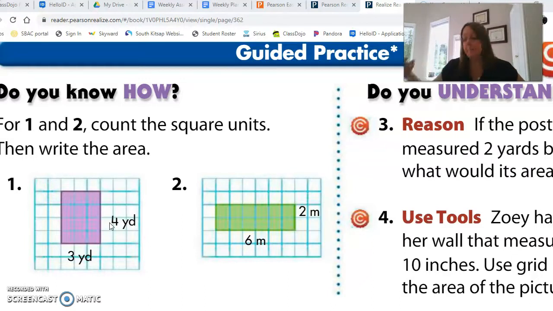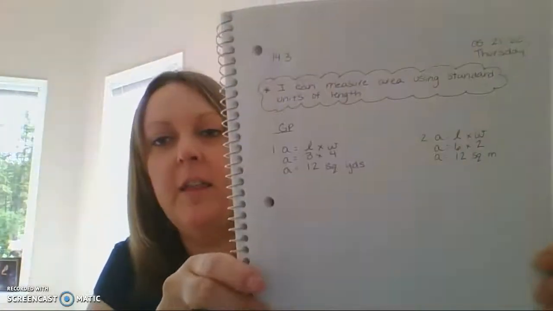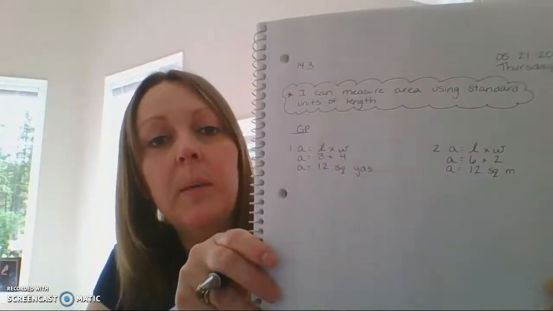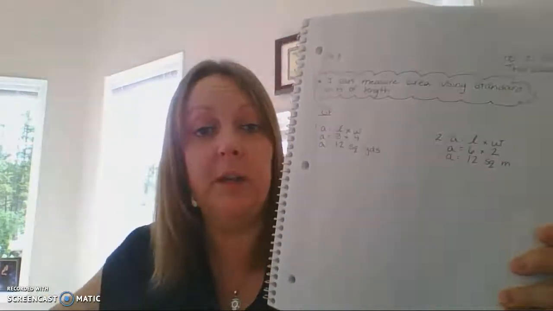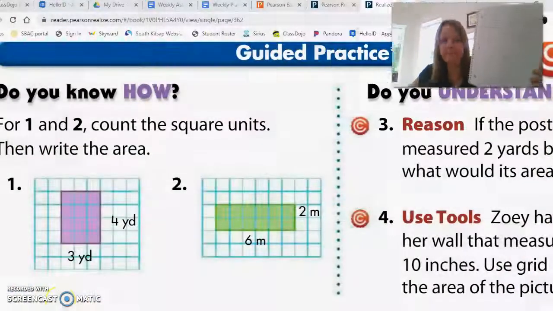It is now meters. But just in case, let's count. 1, 2, 3, 4, 5, 6, 7, 8, 9, 10, 11, 12. Good job. So my paper looks like that. If you can remember length times width, you won't have any trouble with this area.